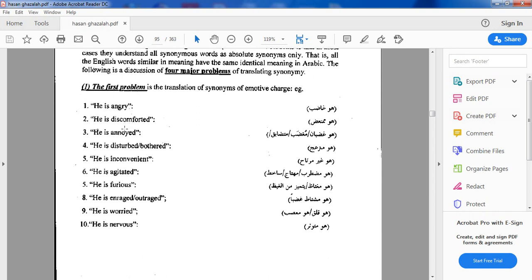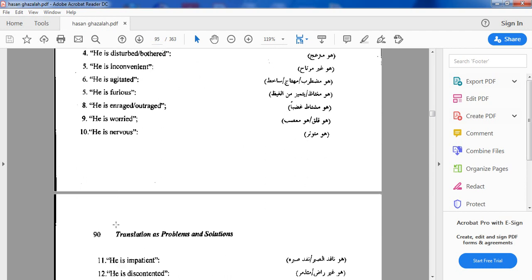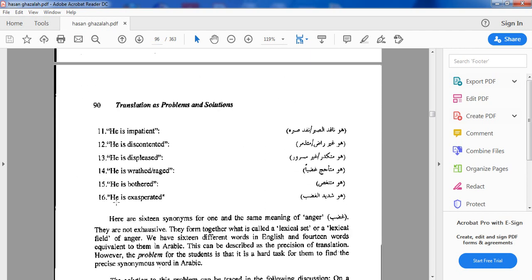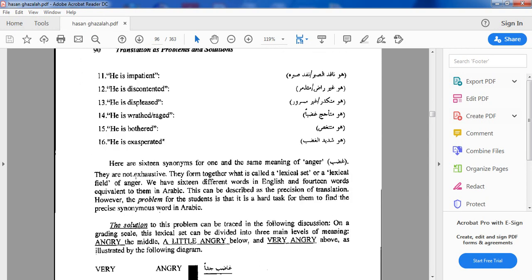He's angry, he's discomforted, he's furious, he is enraged, outraged, he is worried, he is nervous, until he is exacerbated, or here he is bothered. So we have 16 synonyms for one and the same meaning of anger.